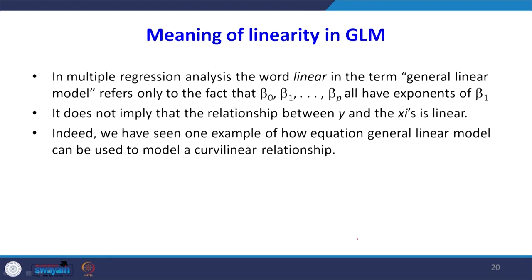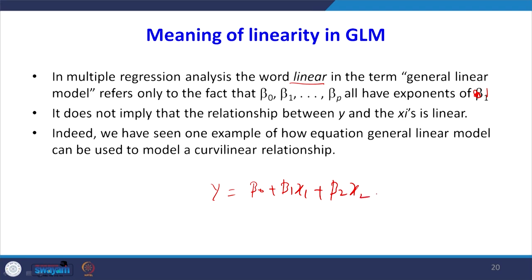Meaning of linearity in a general linear regression model. In multiple regression analysis, the word linear in the term general linear model refers to the fact that beta 0, beta 1, up to beta p all have exponents of 1. Suppose a model is beta 0 plus beta 1 x1 plus beta 2 x2.